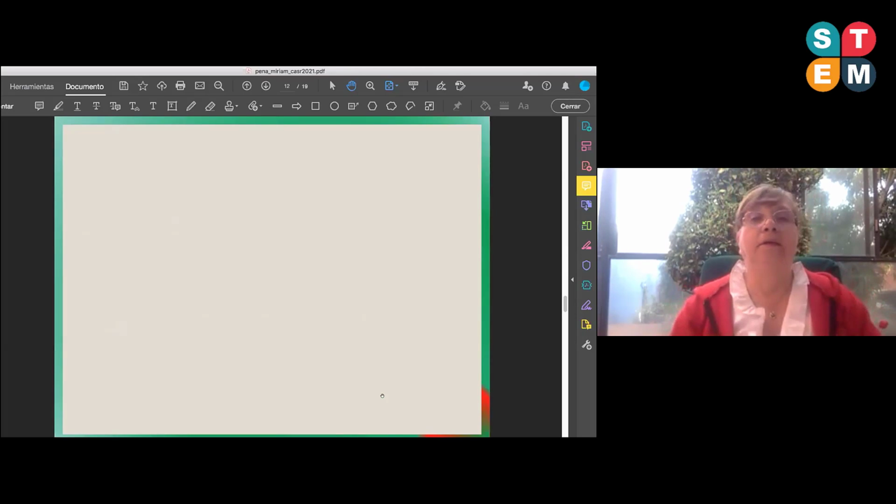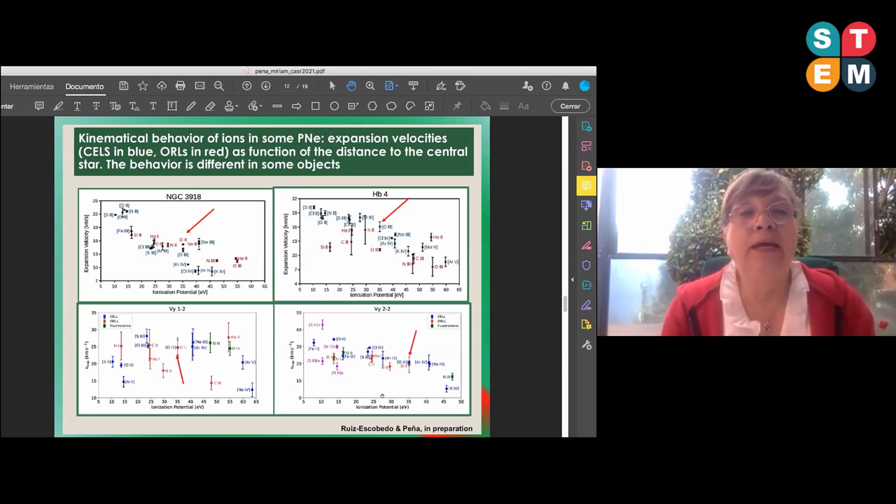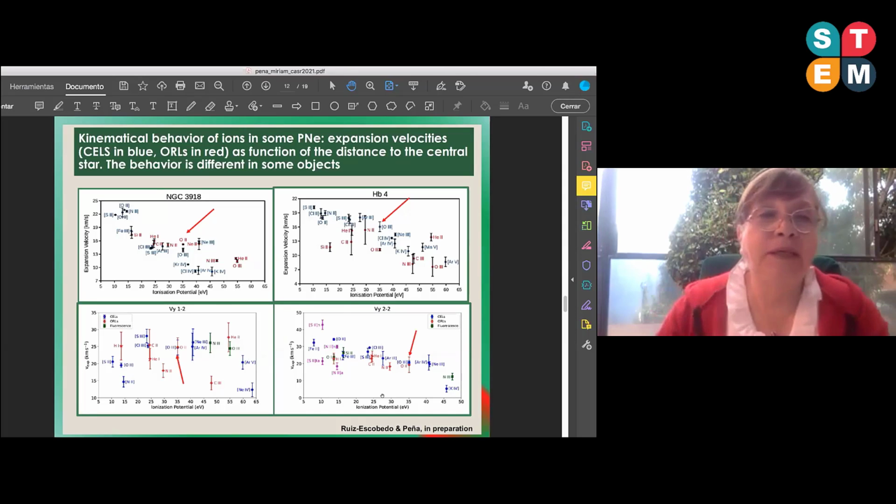In this graph, I'm showing the kinematical behavior of ions in some planetary nebulae, as presented by collisionally excited lines, the blue points here. Here we have presented the expansion velocity for the different ions as a function of the ionization potential of these ions, which is representing the distance to the central star.